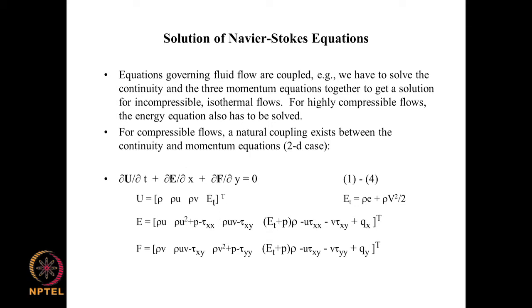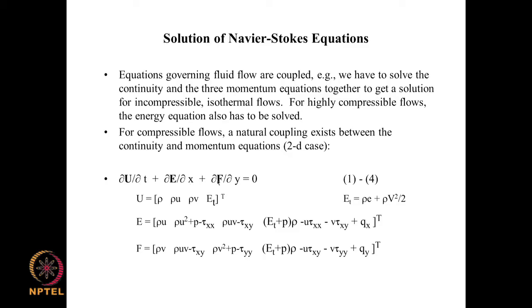Since it is brought to the left hand side, it has become dou p by dou x, and we also have dou by dou x of tau xx, and that when we bring it to the left hand side it becomes minus dou by dou x of tau xx. So, all the 3 terms are going into dou by dou x things.